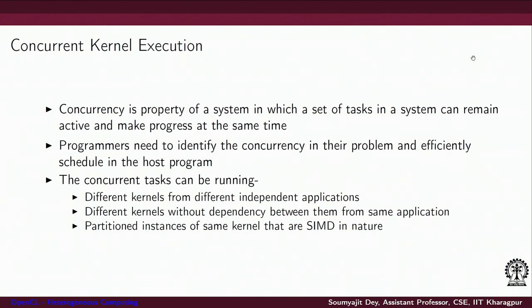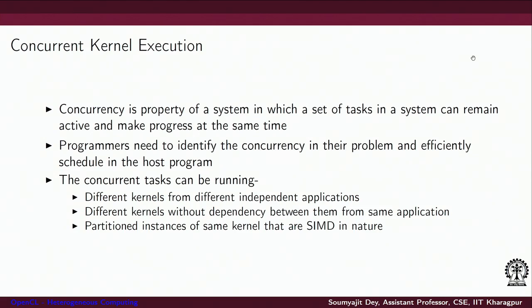The other option is that from the same application multiple kernels have been launched and they do not have any dependency among each other. Then you can just run them concurrently across multiple devices.